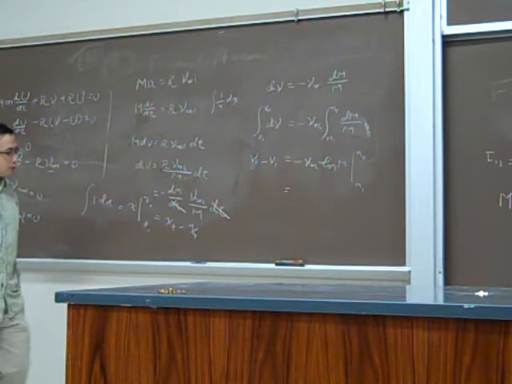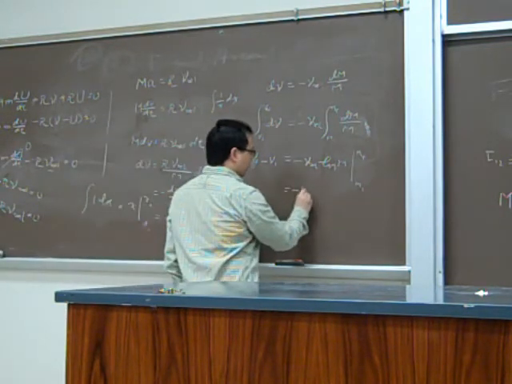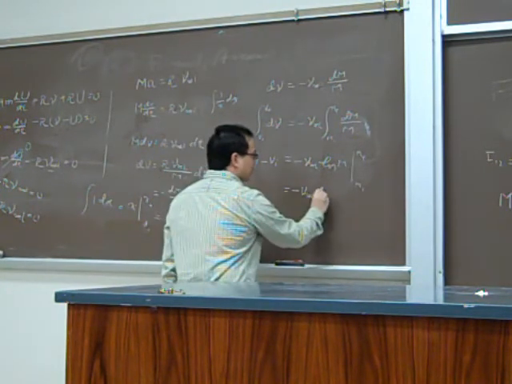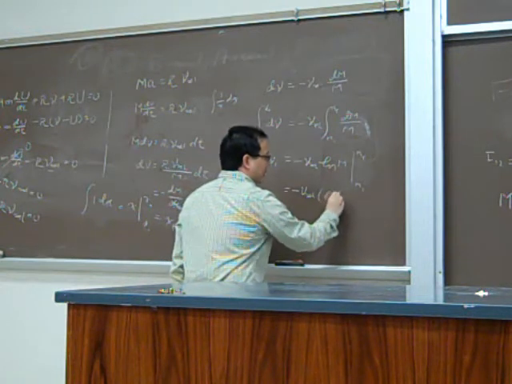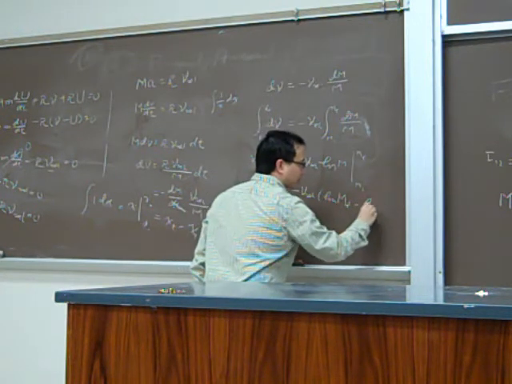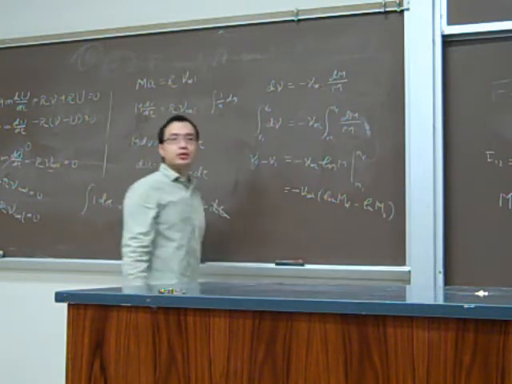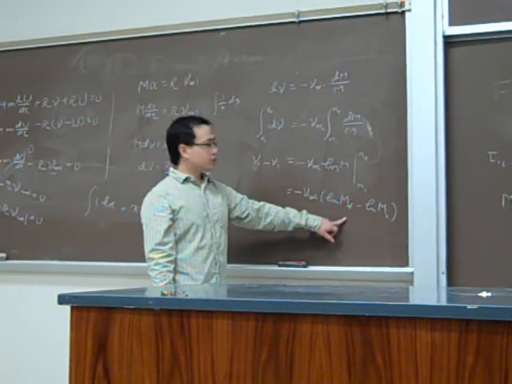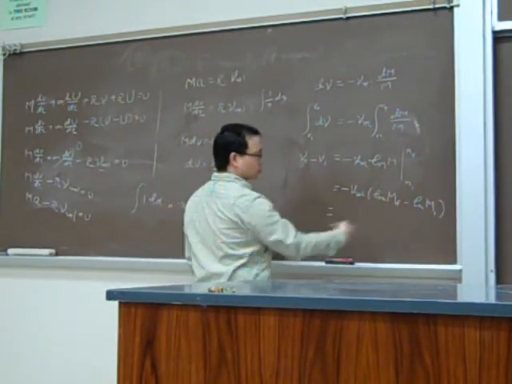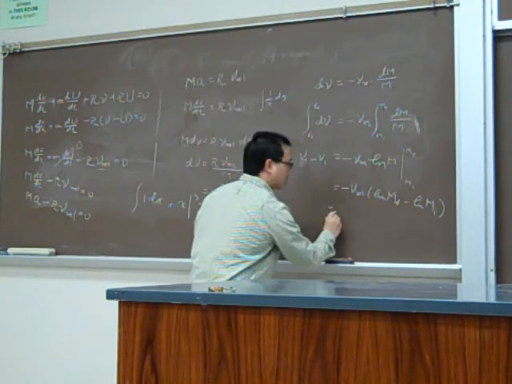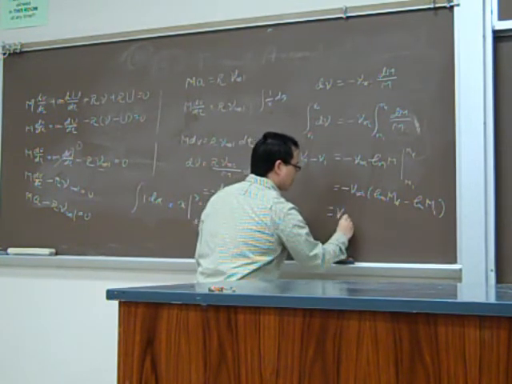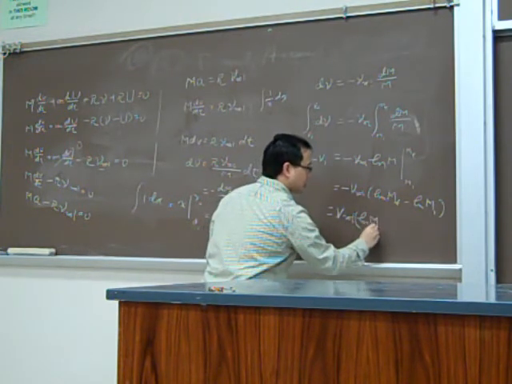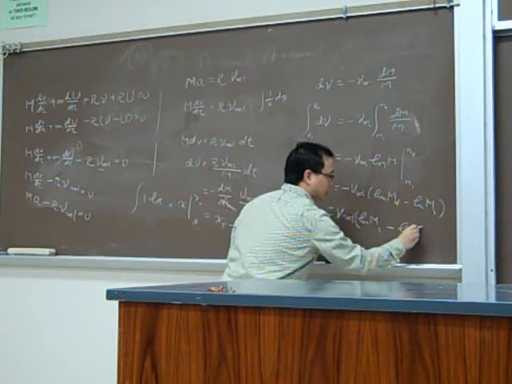And this equals negative v relative times log M final minus log M initial, right? Substitute the initial value and final value. Rewriting this, if you remove the negative sign, it becomes v relative times log M initial minus log M final.